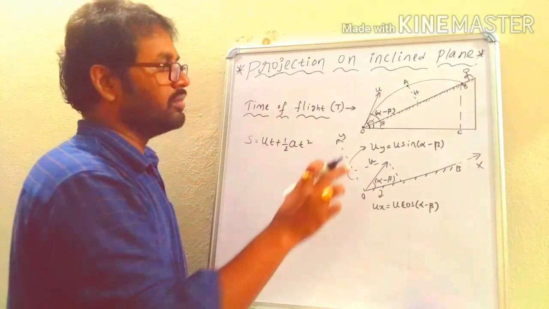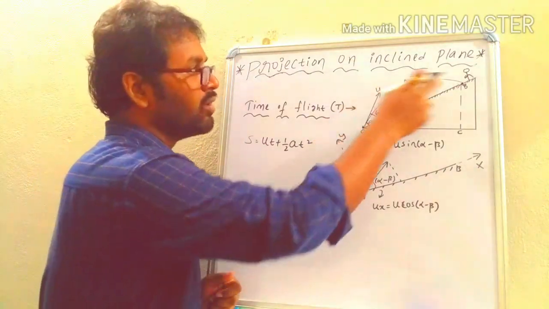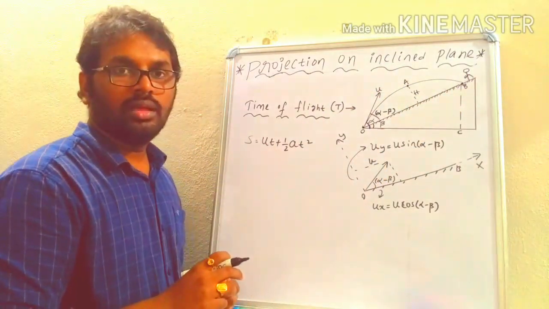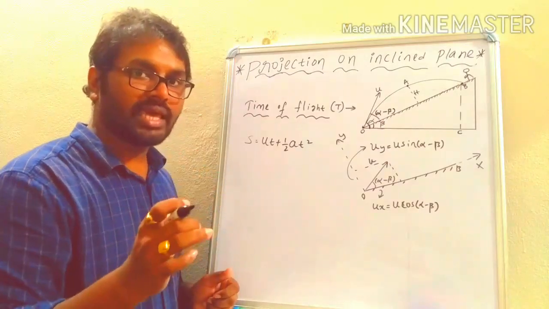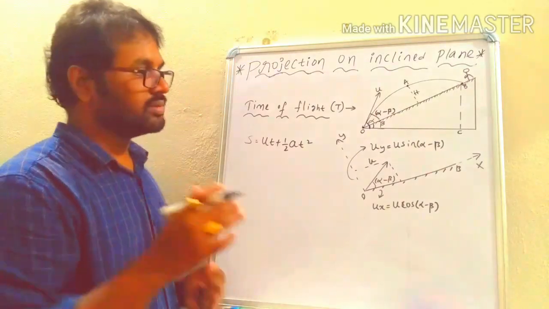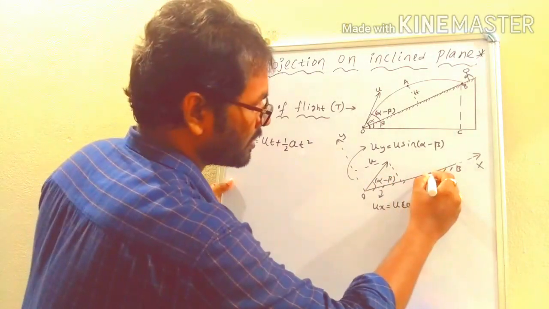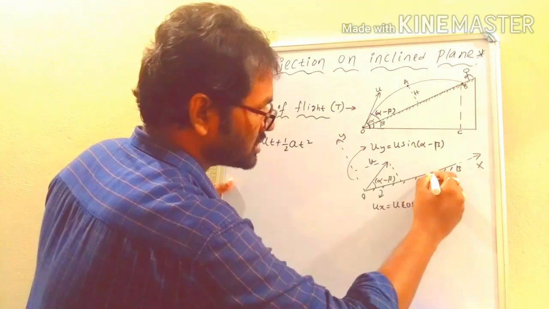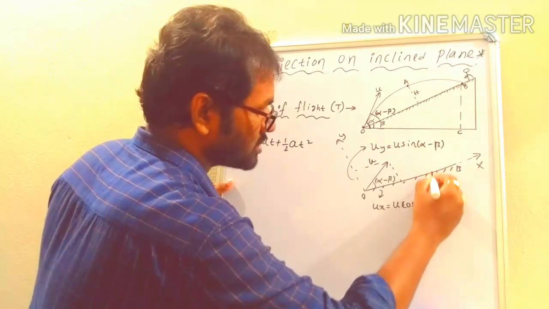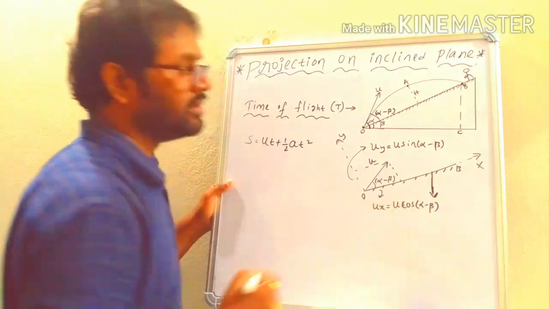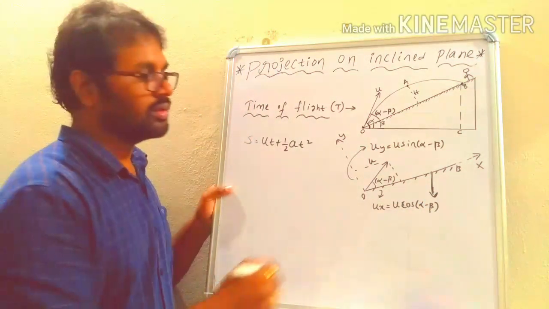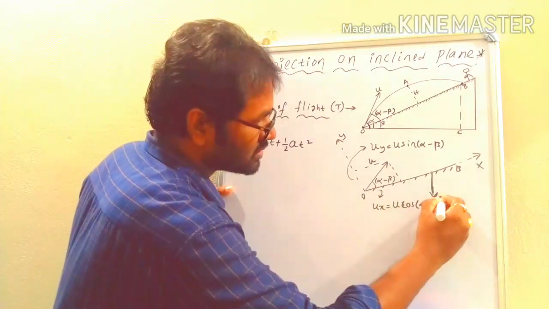Wherever you take the particle, maybe at point O or A or B, the gravity is acting vertically downward. So here I am taking the gravitational force, which is acting in the vertically downward direction. So g direction is vertically downward.